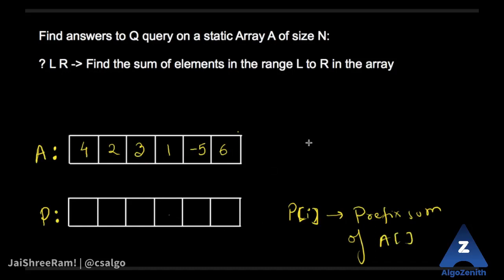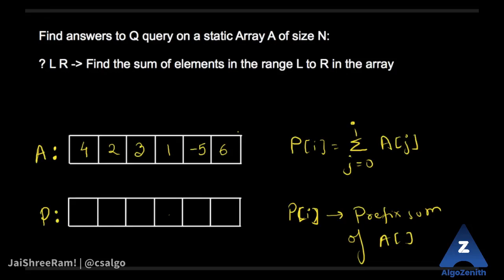Technically speaking, P of I is equal to the summation over j equal to 0 to I of A of j. This is what we are storing in P, and we can build this P array pretty easily in the forward direction.